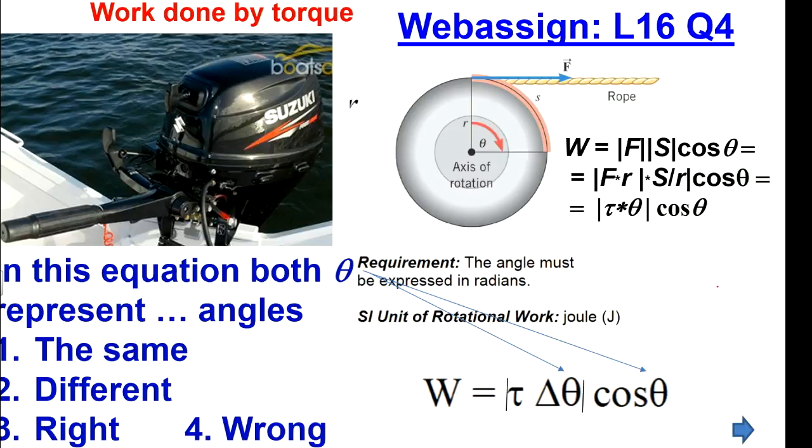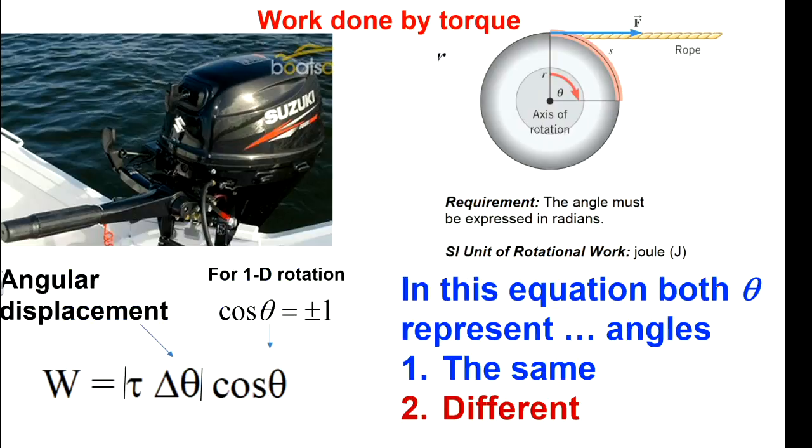That means I've got 1 more minute, and I just want to give the answer to this question. These are different angles. Same letter, and people confuse. This is the angular displacement, and this is the angle between velocity and force, or between angular velocity and torque. And this angle, for rotational motion, has only two options, 0 or 180.